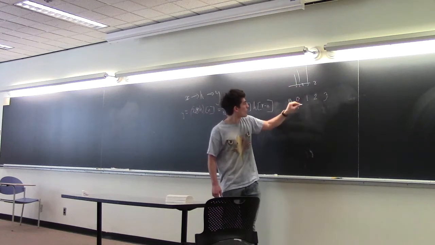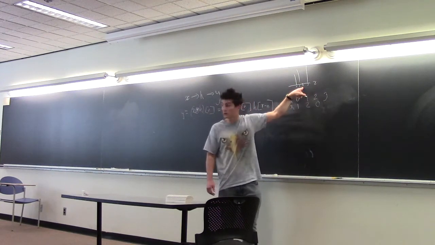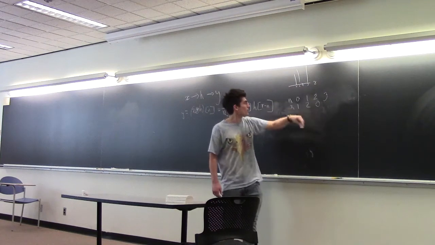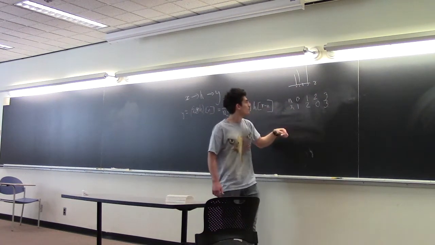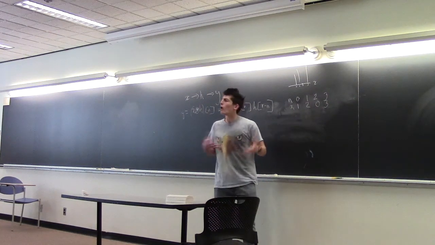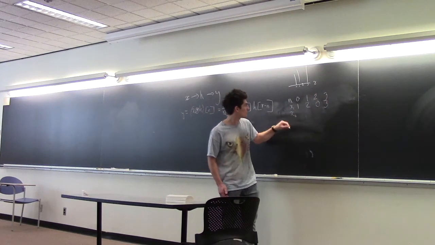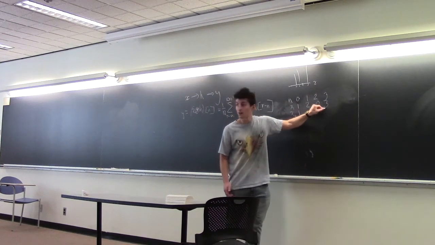And then at 1 it's going to be 2, and then at 2 it's going to be 0. I'm just reading off of here, right? And then 3 is going to be 3. Cool. So now we want to convolve it with itself, right? That's what we're doing. We're doing convolution, so we're just going to rewrite itself like so.